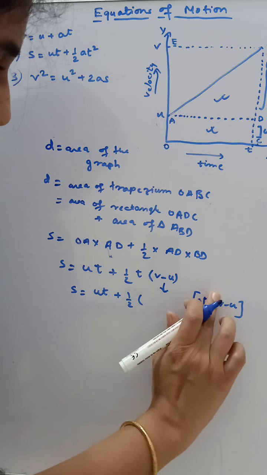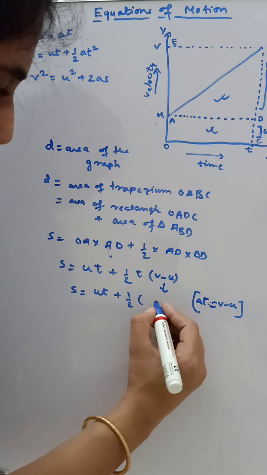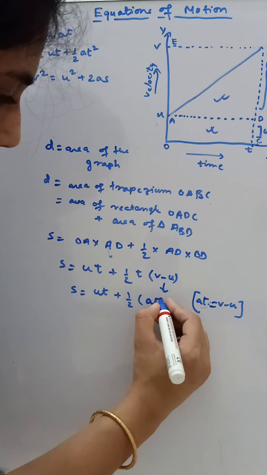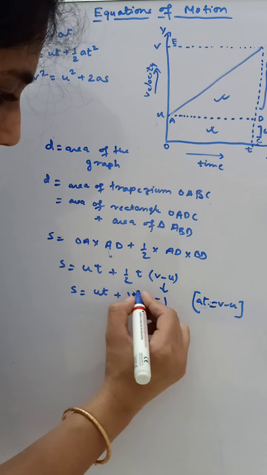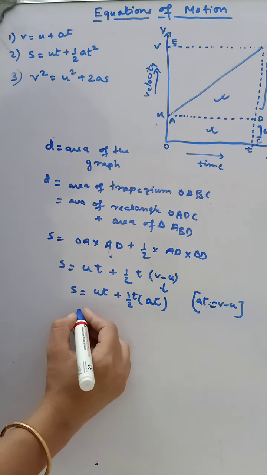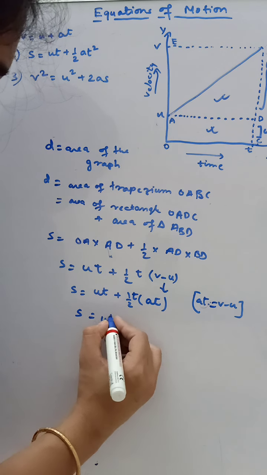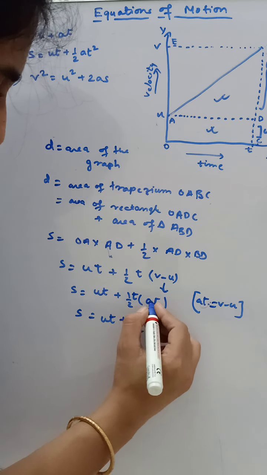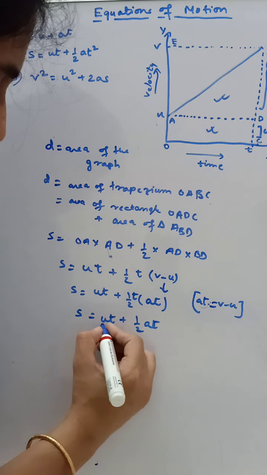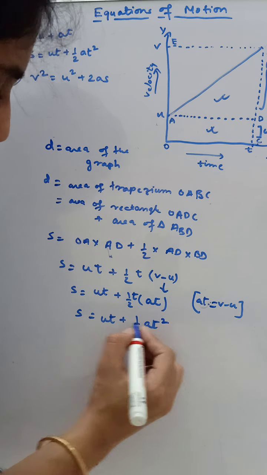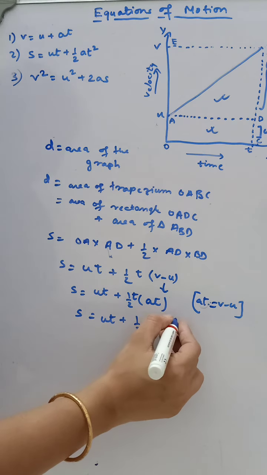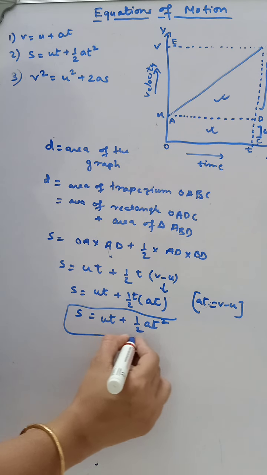Instead of v minus u, I will write at, into this t written over here. So we have s equal to ut plus half (at)(t). If we open the bracket, we will get s = ut + 1/2 at². This is the second equation of motion.